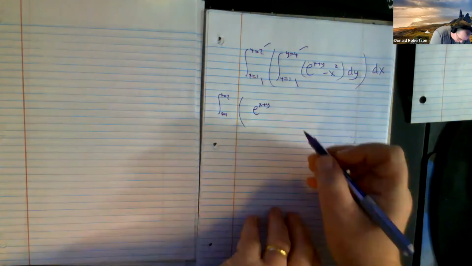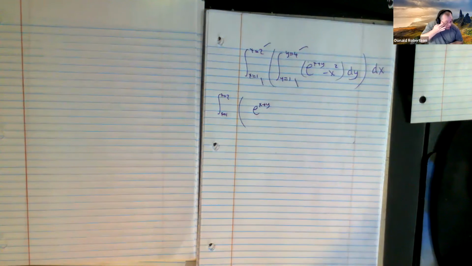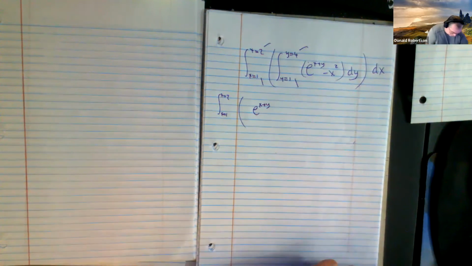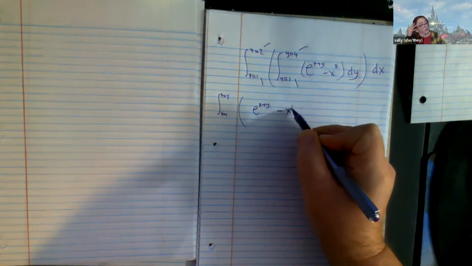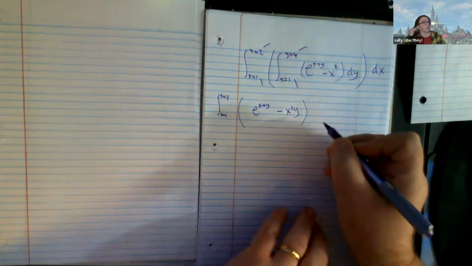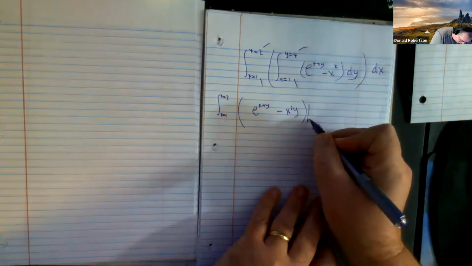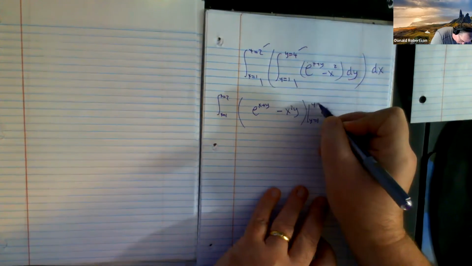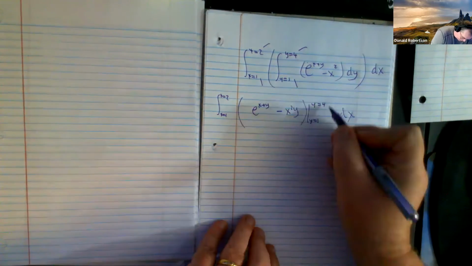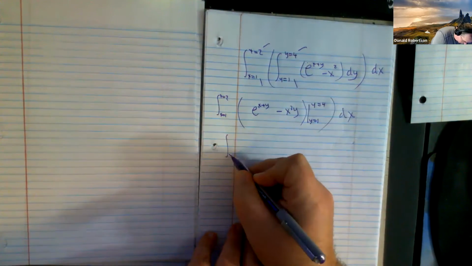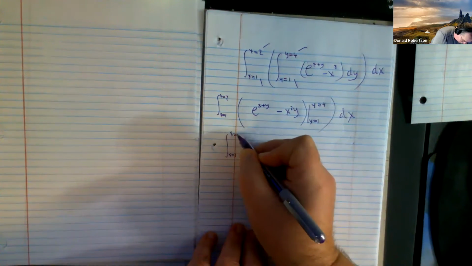What would negative x squared get you with respect to y? If you integrate negative x squared with respect to y, what would you get? That would be negative x squared y, because the negative x squared would be considered a constant. Agreed. And then you would do from y equals 1 to y equals 4, and then you could do the dx later. So it's going to be the integral from x equals 1 to 2.